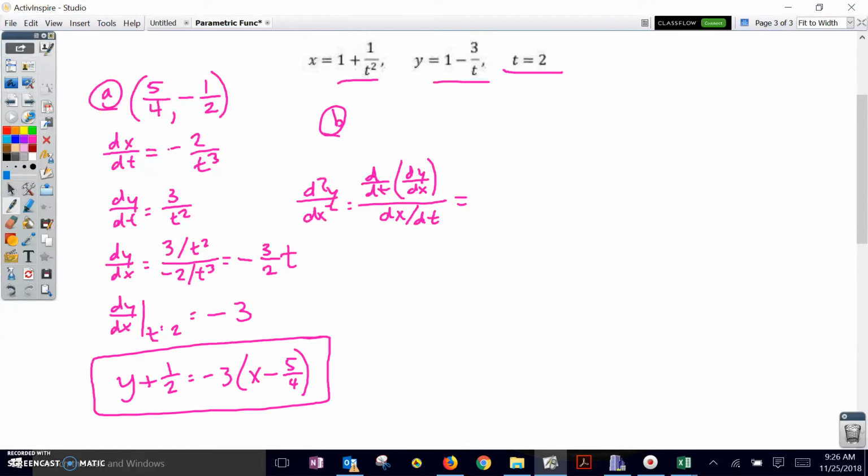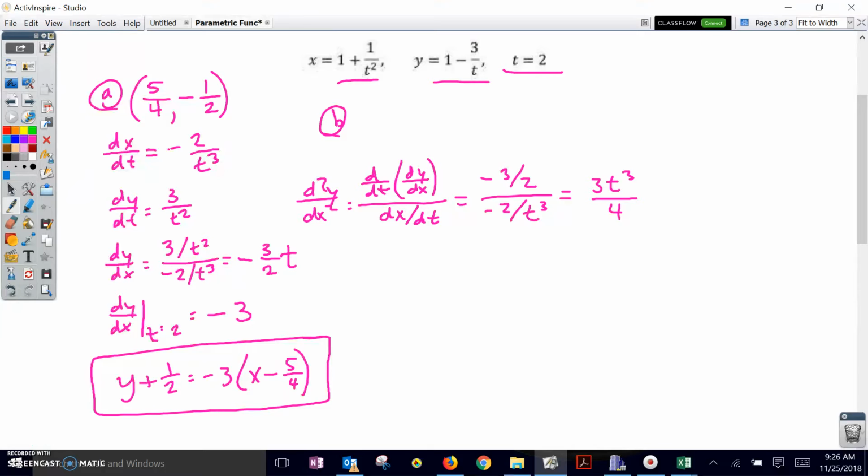And the derivative of dy/dx with respect to t is just negative 3/2. And the value of dx/dt is negative 2 over t to the third. And simplifying this, we get 3t to the third over 4.